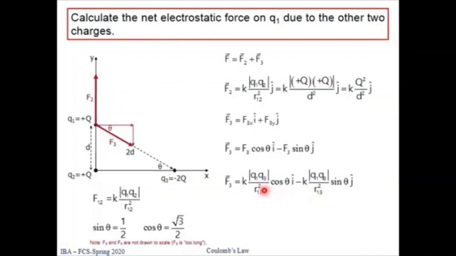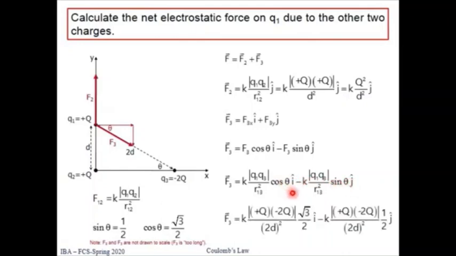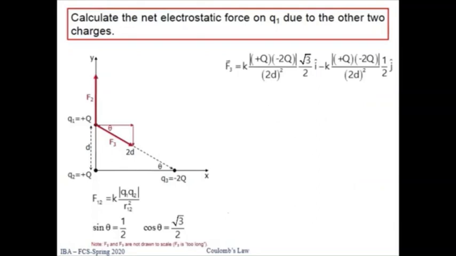Let me substitute the values of Q1 and Q3 along with sine theta and cosine theta in this equation. When we solve these equations, we get the two components of F3: this is the horizontal component and this is the vertical component.